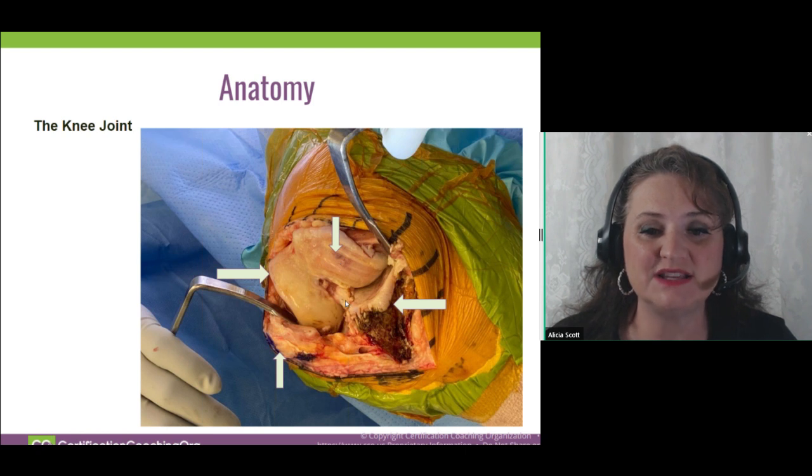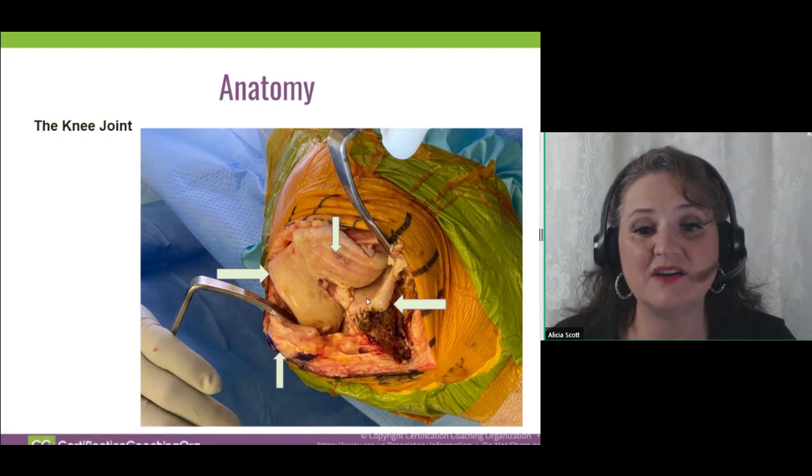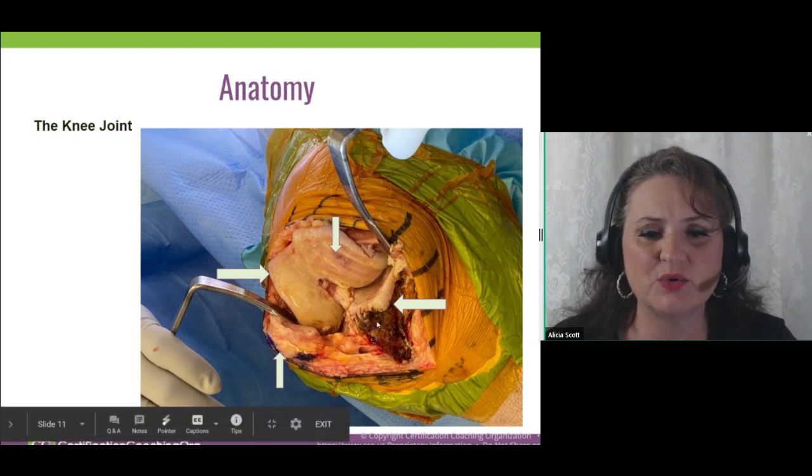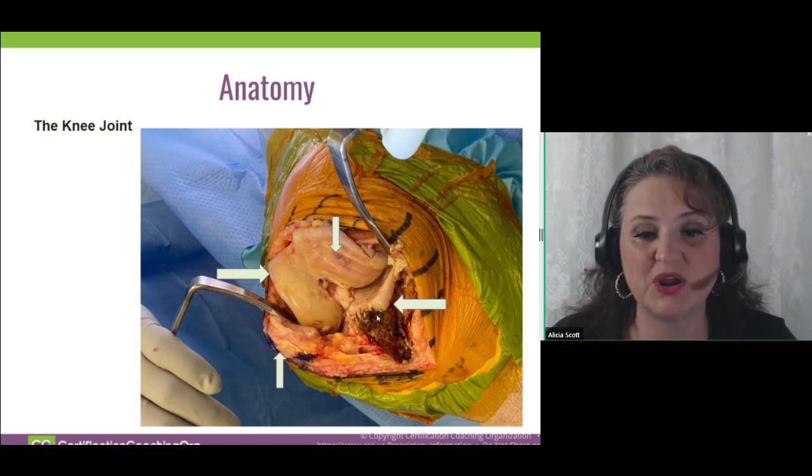Now this is the ACL right there. This has arthritis all around the knee, and then come around here to the other side. This is actually the head of the tibia, and this black stuff could be arthritis, or just where they've burnt a little bit or scraped already.